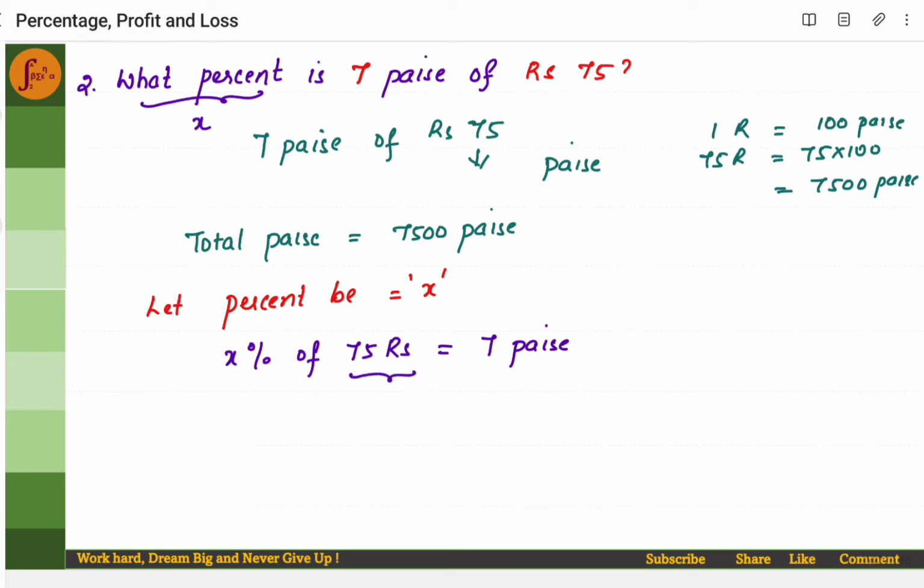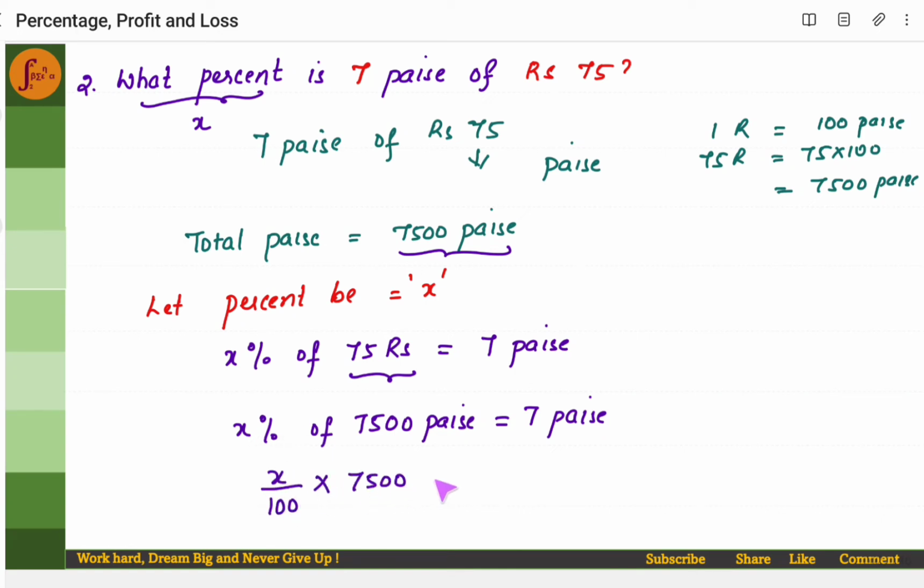Instead of 75 rupees, I'll write 7500 paise. So x percent of 7500 paise is 7 paise, which I can write as x by 100 into 7500 is equal to 7 paise.